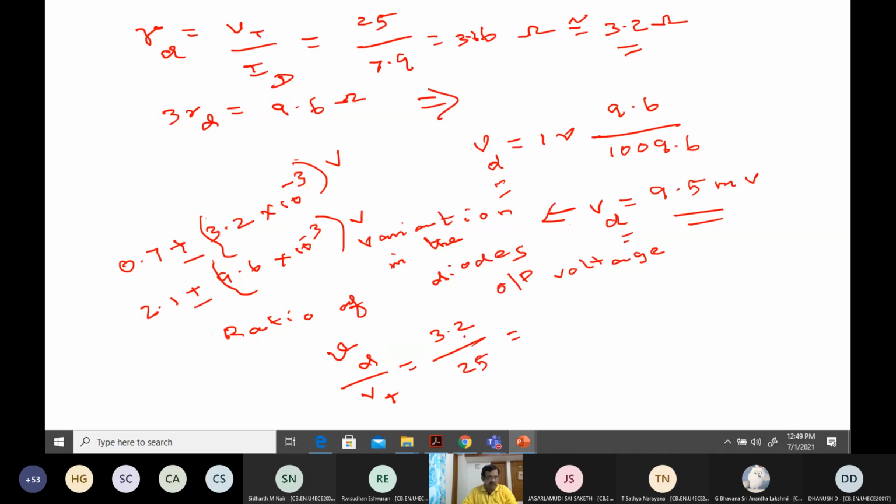It will be roughly about 0.128, so 12% only, and that is much less than 1. So my adoption of the small signal model, my application of the small signal model in performing this analysis, is justified.